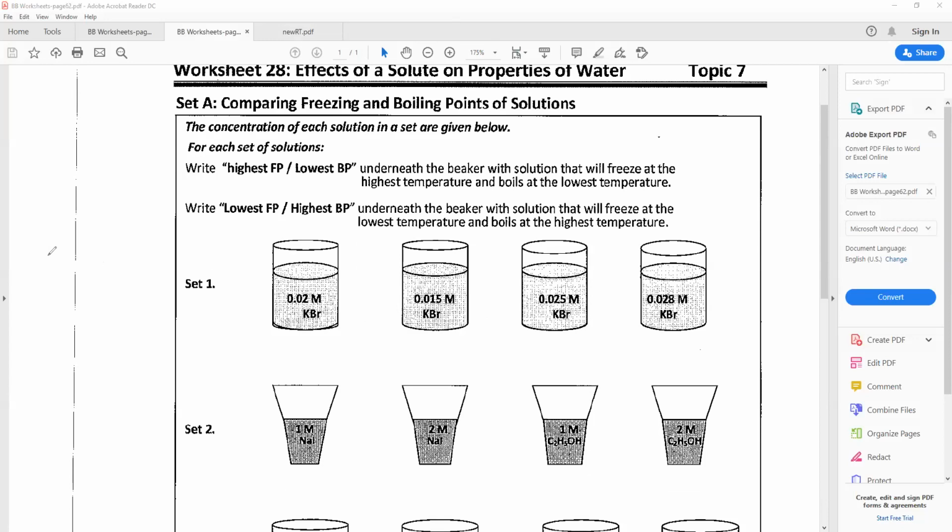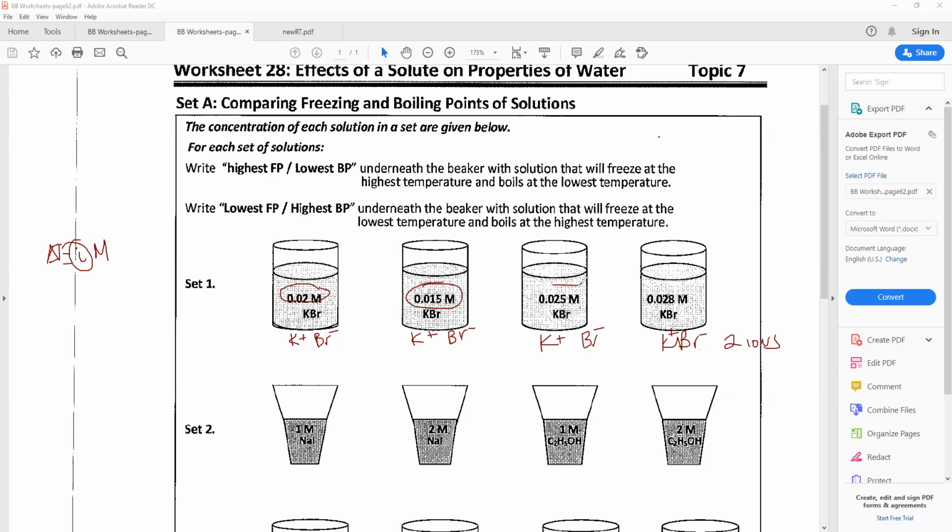So when you're looking for the change, I want you to look at the molarity, and I also want you to look at i, the number of ions. We're going to see KBr forms K plus and Br minus, and they're all the same. So they all have 2 ions. So it all depends on the molarity.